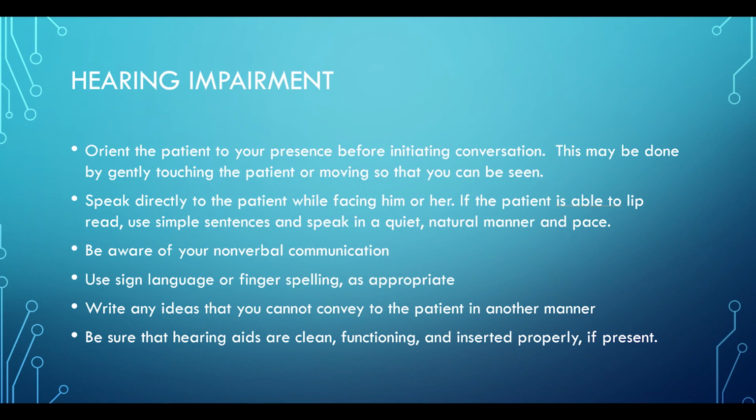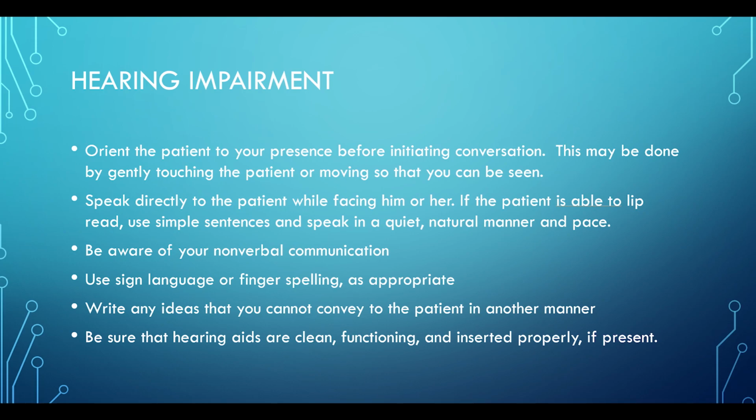Responsibilities with hearing impairment. Orient the patient to your presence before initiating conversation. This may be done by gently touching the patient or moving so that you can be seen. Speak directly to the patient while facing him or her. If the patient is able to lip read, use simple sentences and speak in a quiet, natural manner and pace.